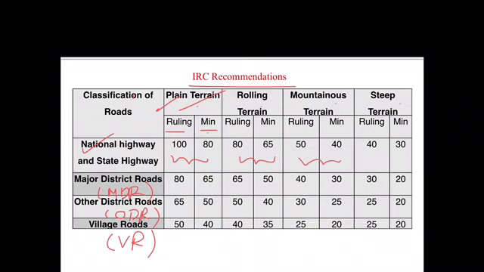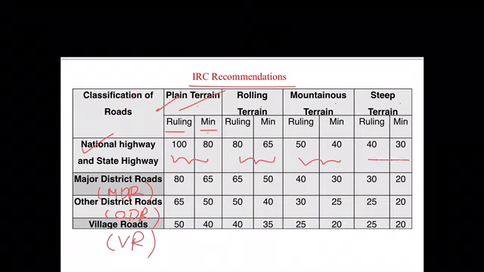In mountainous terrain, there is still a restriction on speed, between 50 to 40. If the terrain is very steep, the speed is restricted to 40 kmph. Like this, we have various speed limit standards for the other categories of roads also.